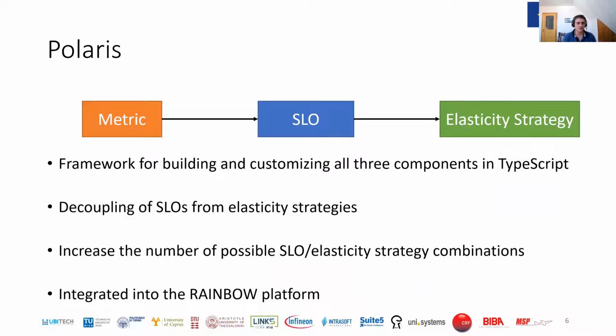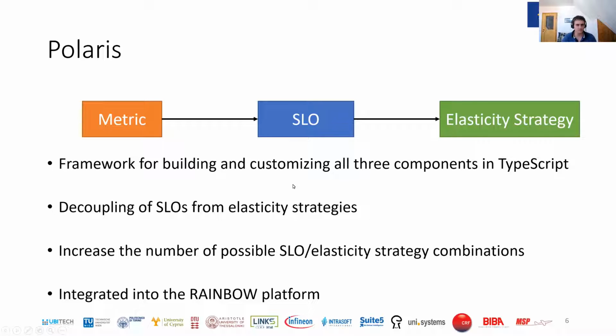Now, this brings us to Polaris. Polaris is a framework for building and customizing all these three components that you have seen on the previous slide and which are shown up here using TypeScript. It is available as a standalone framework, and it's also integrated into the Rainbow platform where it is used to enforce elasticity requirements.